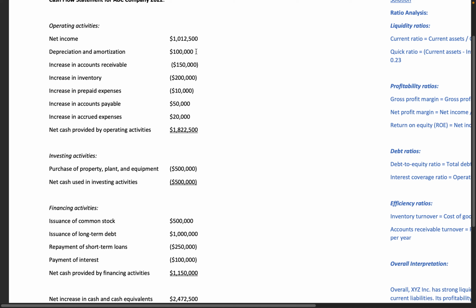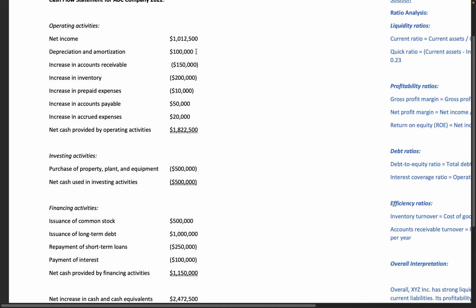Okay, increase in accounts receivable. So again, we make some revenue, but we don't actually get the cash, so that comes out as a minus 150 figure. Increase in inventory, again these are an increase in current assets, but these have to be purchased. Increase in prepaid expenses, again money flowing out of the company.